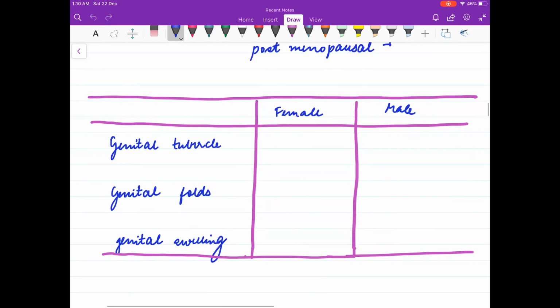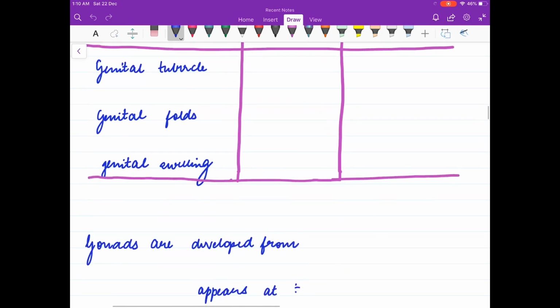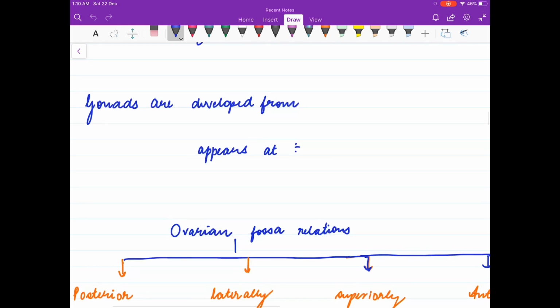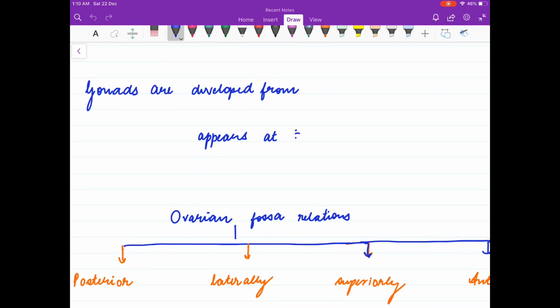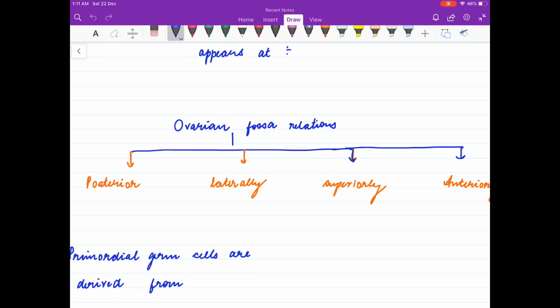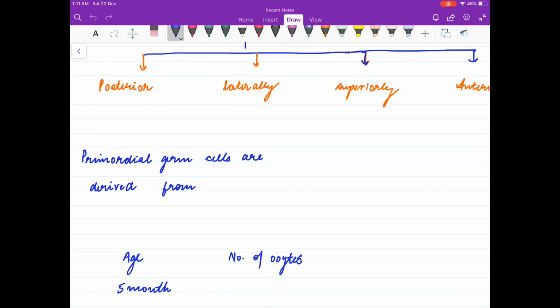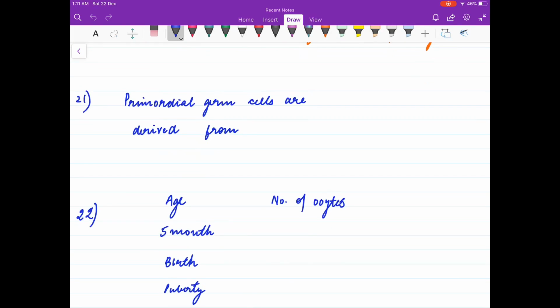What are the structures derived from the genital tubercle, genital folds, and genital swelling in females and males? Think the answer. You can also pause the video in between. Gonads are developed from an? Ovarian fossa relation of the ovarian fossa to posteriorly, laterally, superiorly, and anteriorly? Primordial germ cells are derived from?